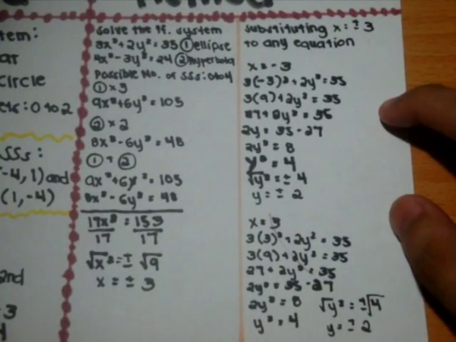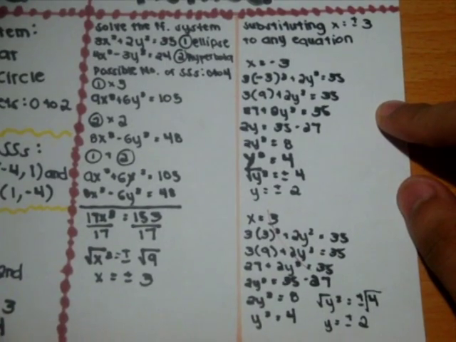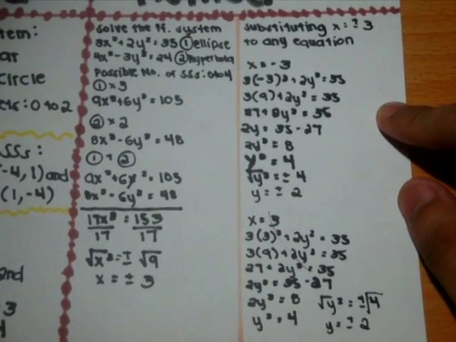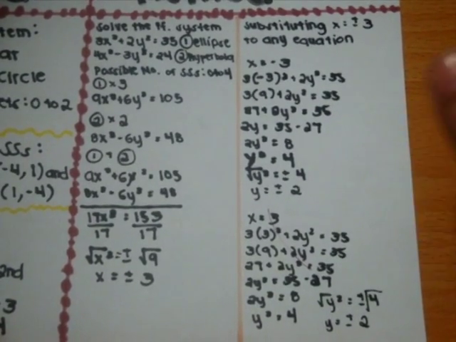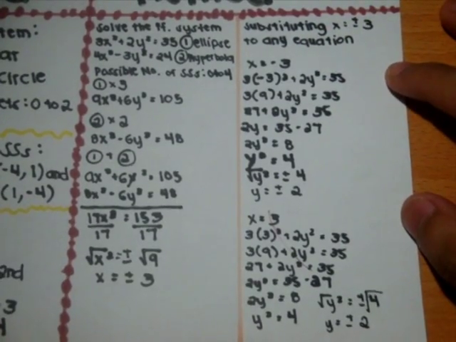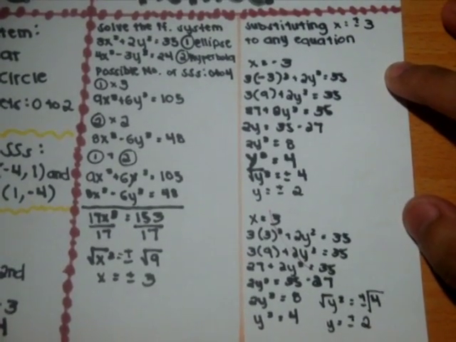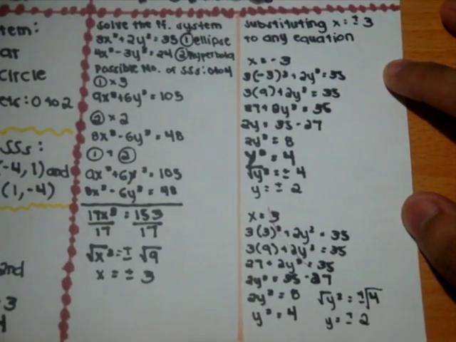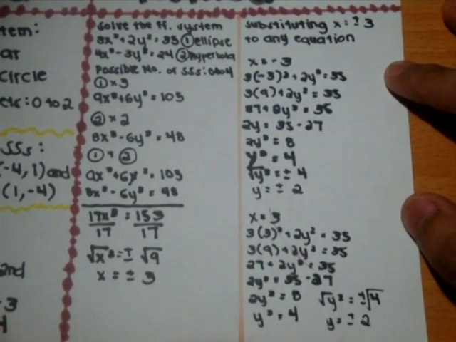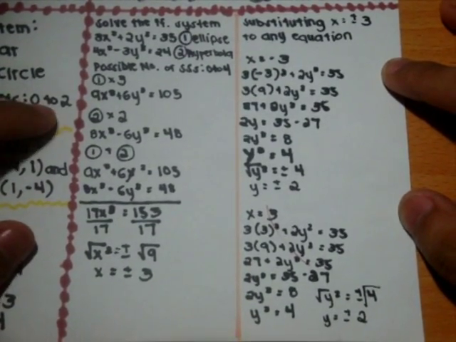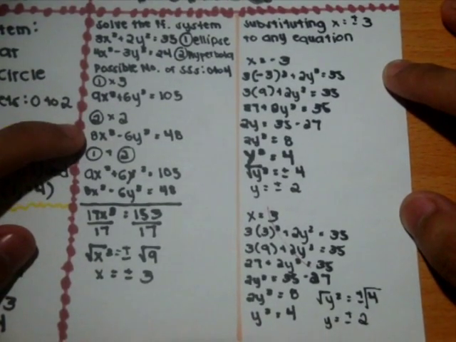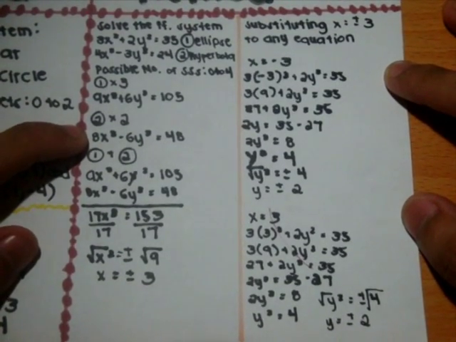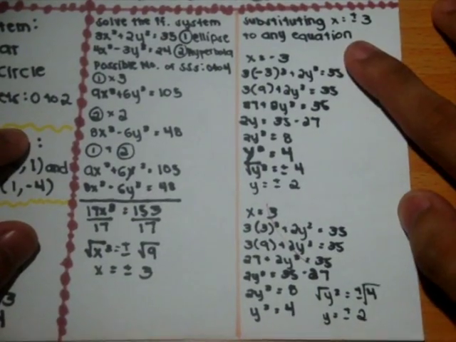The difference between the substitution method and the elimination method is that in the substitution method, we substitute first, while in the elimination method, we first eliminate a part of the equation and then we substitute at the last part.